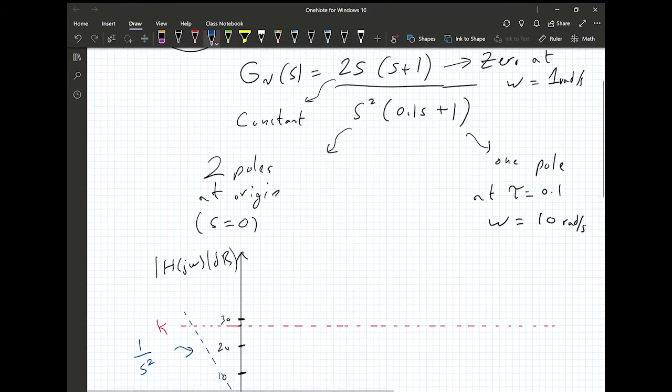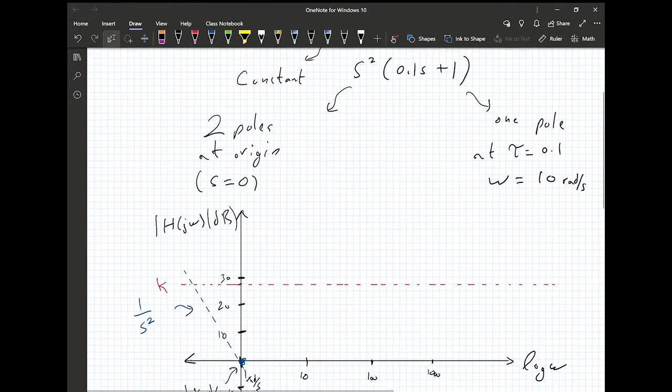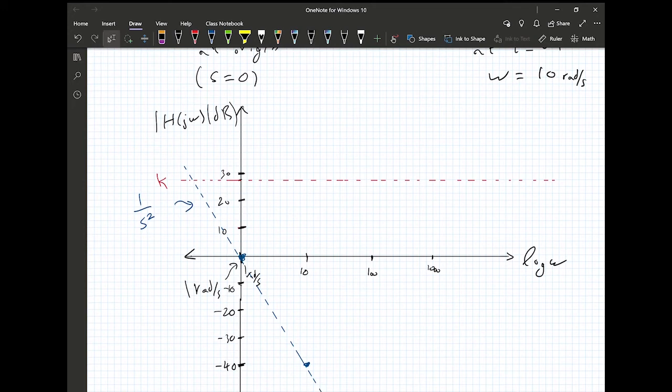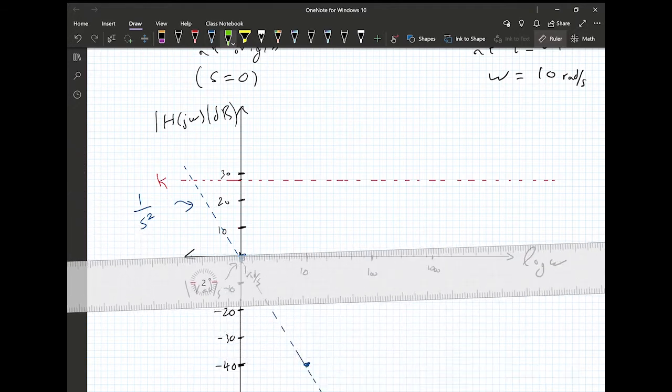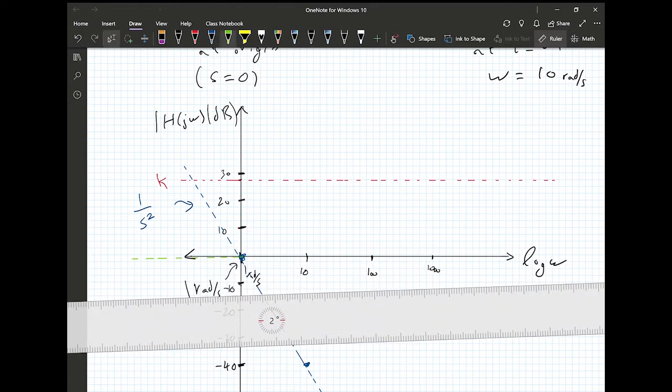Now what's left? What's left is the pole and the zero. So the zero comes first, happens at 1 rad per second. So let's start with the zero. Let me go to green for the zero. So the zero has a corner frequency of 1 rad per second. It starts at 0 dB, as we derived last time. And then it goes up with a slope of what? 20 dBs per decade.